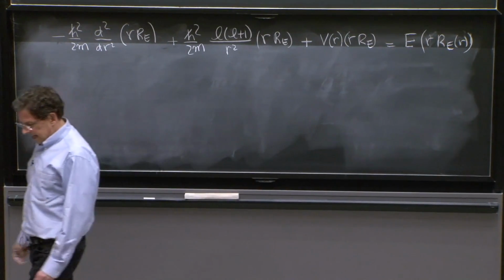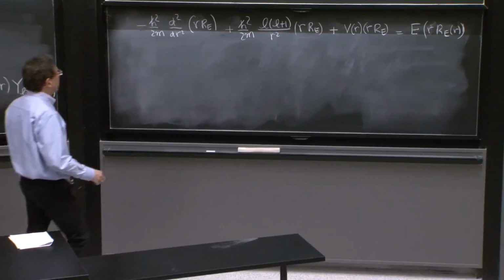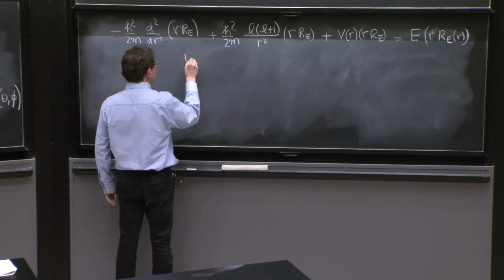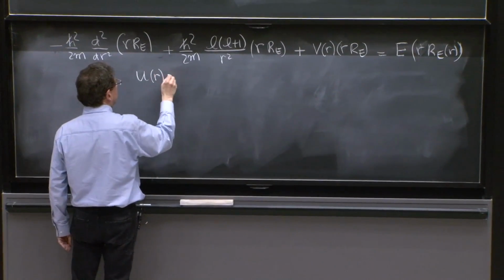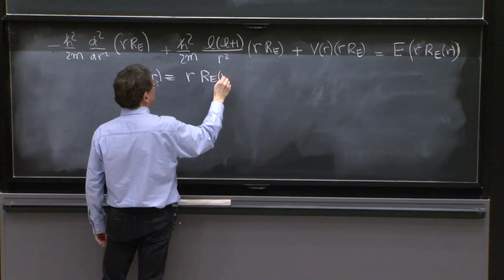So we'll call u of r equal to r times R_E of r.